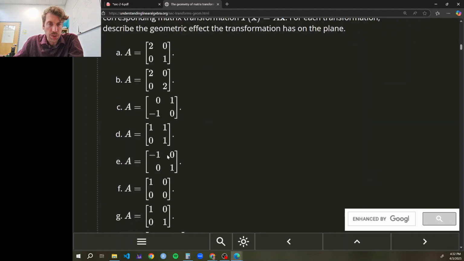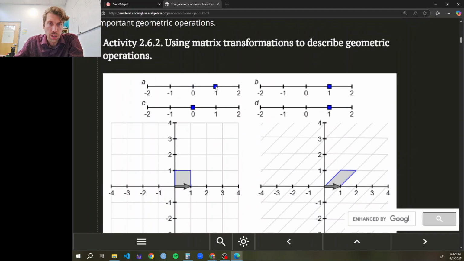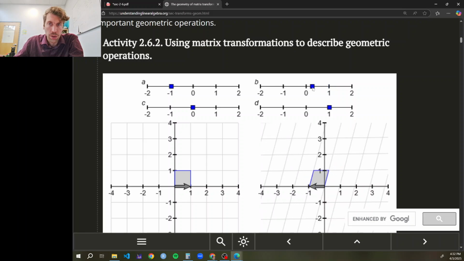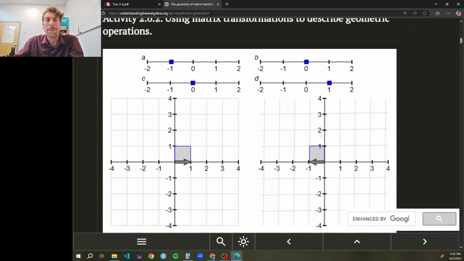E is negative 1, 0, 0, 1. So let's do that one. Negative 1, 0, 0, 1. So now negative 1, 0, 0, 1 is multiplying all of our x values by negative 1, and our y values are staying the same.